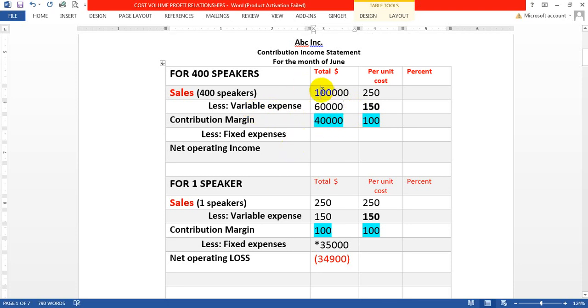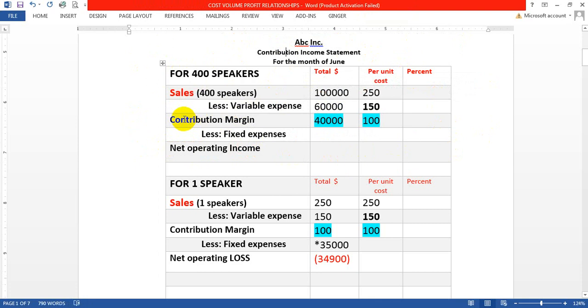We take the difference. Contribution is calculated as sale minus variable expenses. Remember this point: the contribution margin is very important in this contribution income statement where we are calculating our profit.